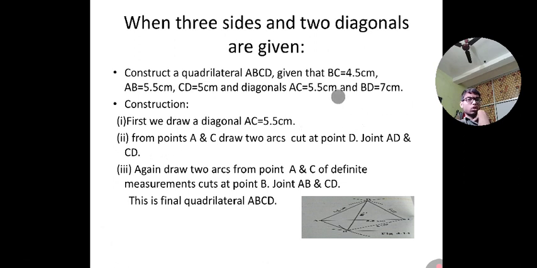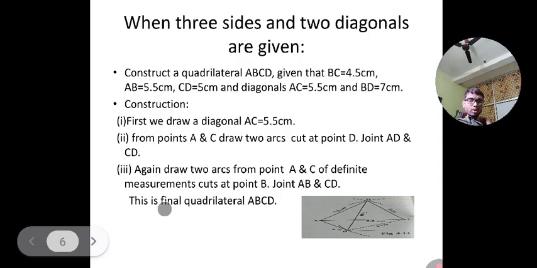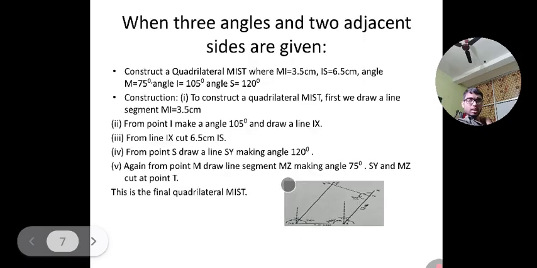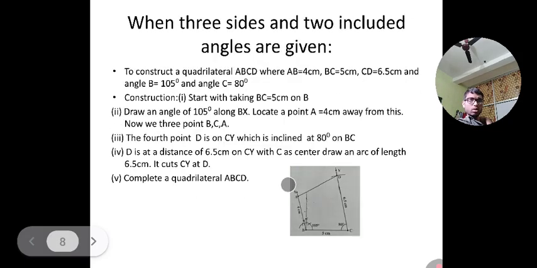These are the measurements of the diagonals. First we draw a diagonal AC of 5.5 centimeter. From points A and C draw two arcs.